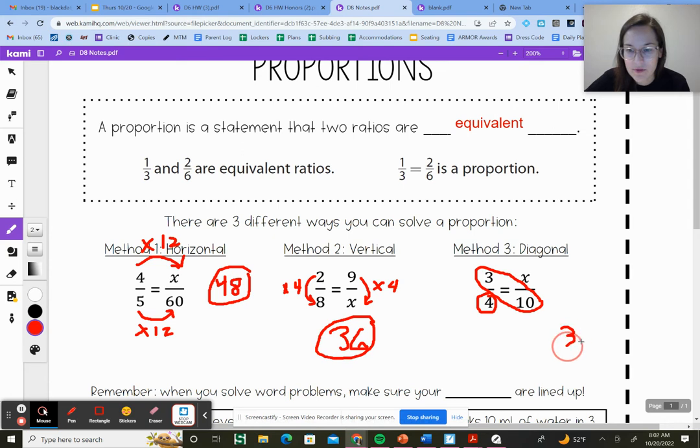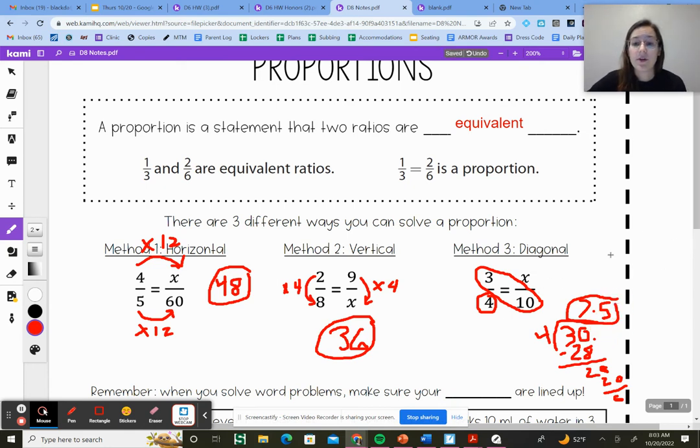So you would do 30 divided by 4. 4 times 7 is 28. Add a decimal, bring down a 0, and 4 times 5 is 20. 20 minus 20 is 0. So 7.5.